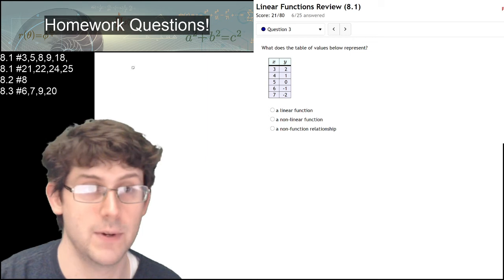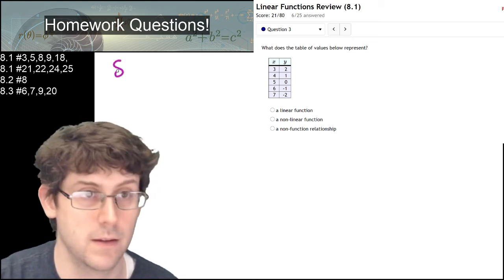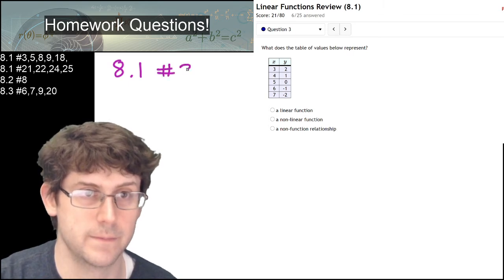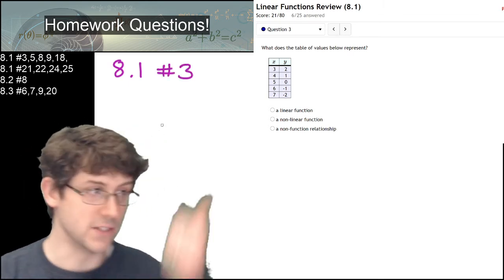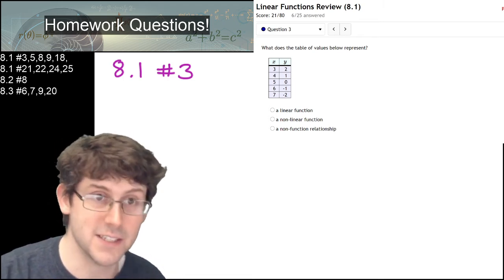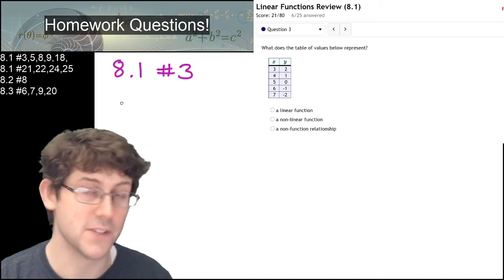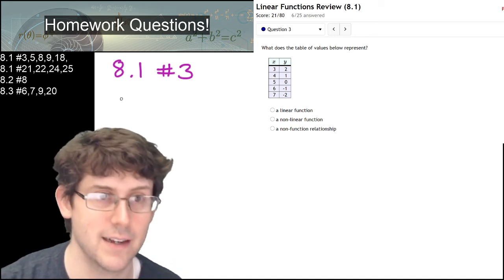First one is 8.1, number 3. Number 3 gives you a table of values and says, is this a linear function, a nonlinear function, or is it not even a function? So the key thing is to first see if it's a function or not.